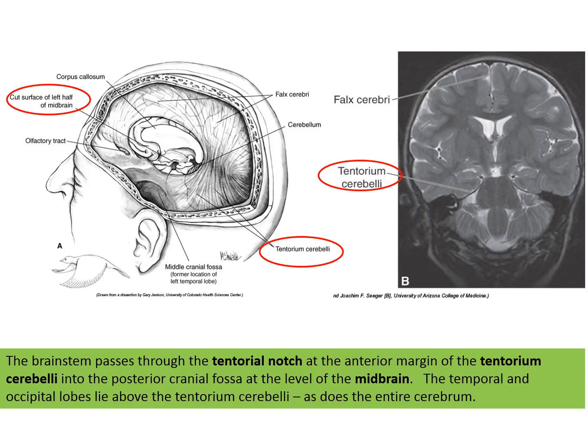If we look at a coronal section, MRI, we can see the tentorium cerebelli separating the temporal lobe from the cerebellum and from the brainstem. The brainstem comes down through the tentorium cerebelli. And we see this tentorium over here.